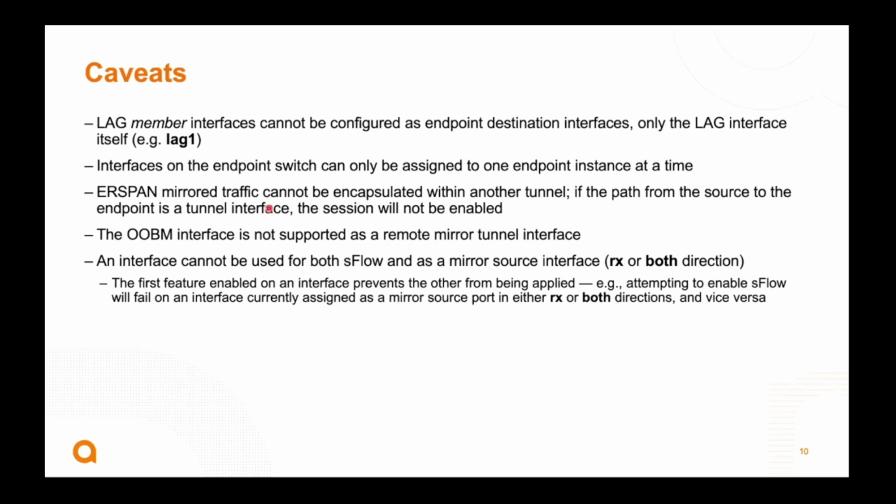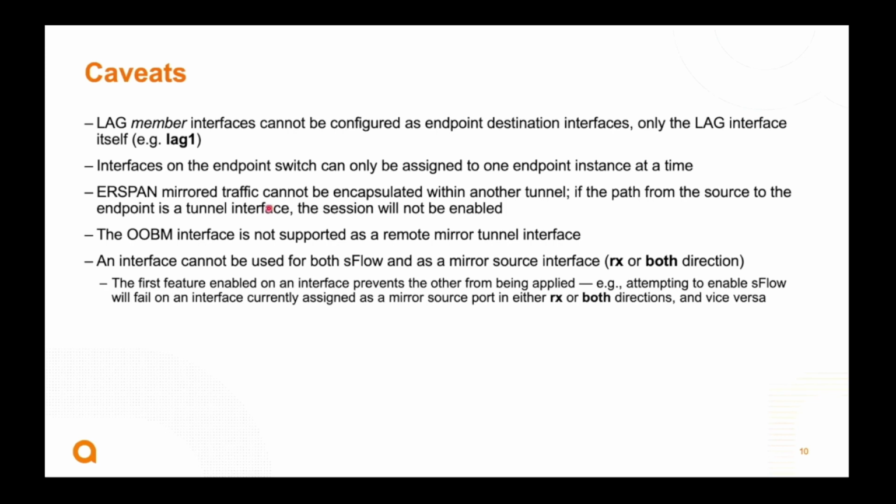And lastly, you cannot use an interface for both S-flow and as a mirror source that is mirroring received traffic, either only received or bidirectional traffic. So whichever feature you apply first to that interface, either as a mirror source for received traffic or bidirectional or S-flow, whichever one is applied first will preempt you from applying the other features.